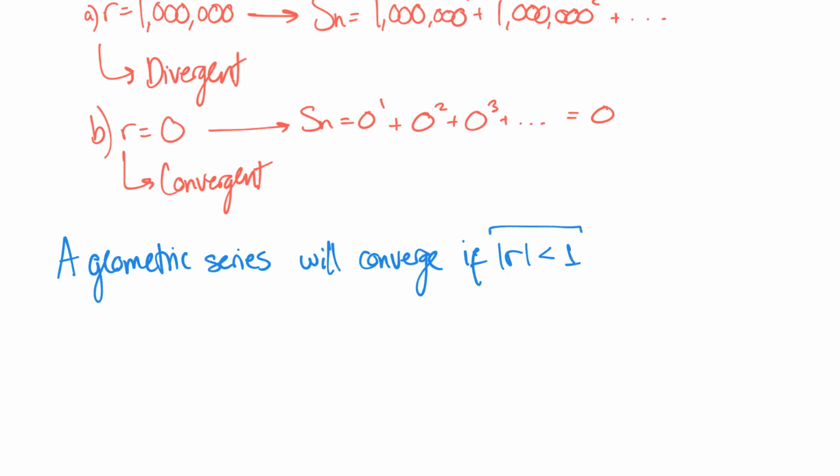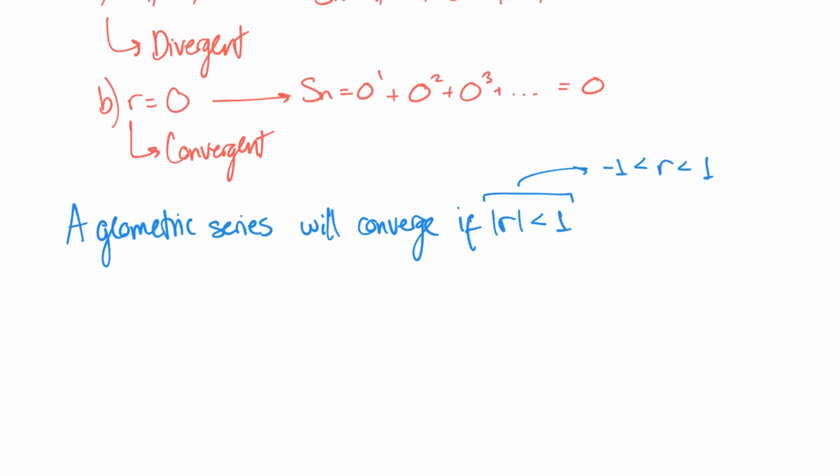And when I say absolute value, this means -1 is less than r, which is less than 1. Okay? This is as simple as it gets, guys. That's the rule. And it will converge to r over 1 minus r.